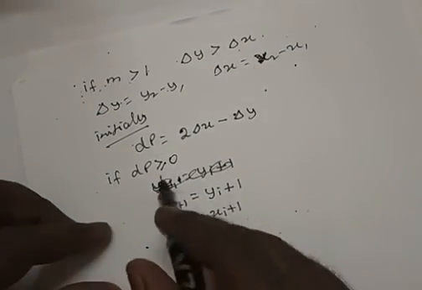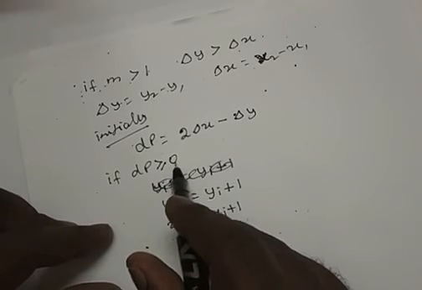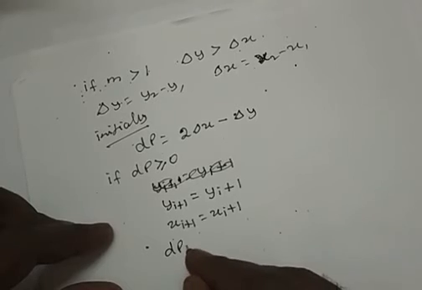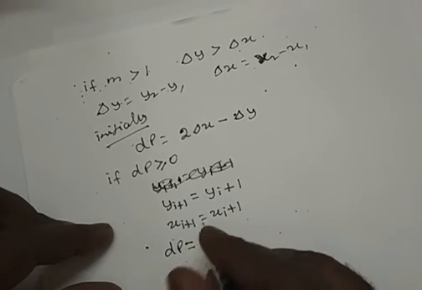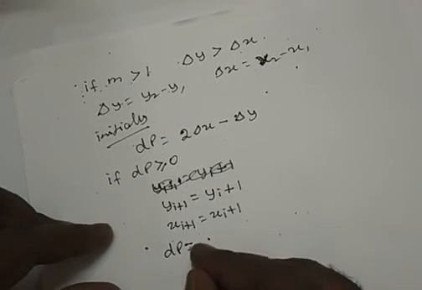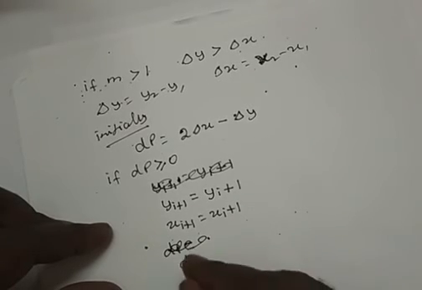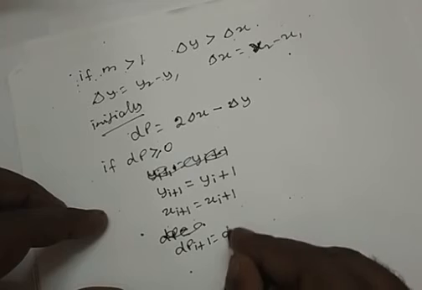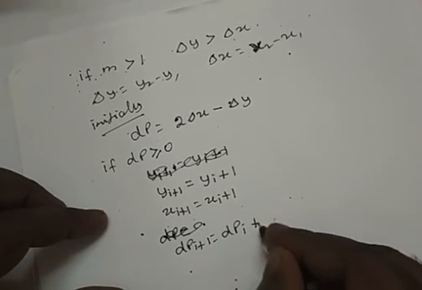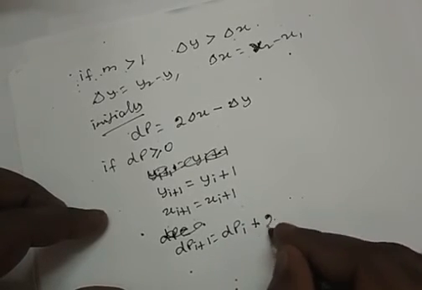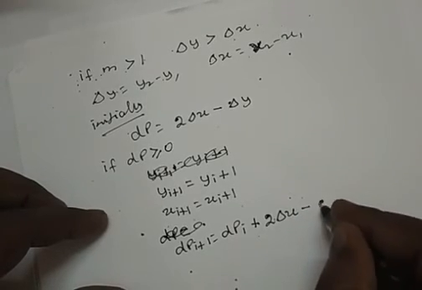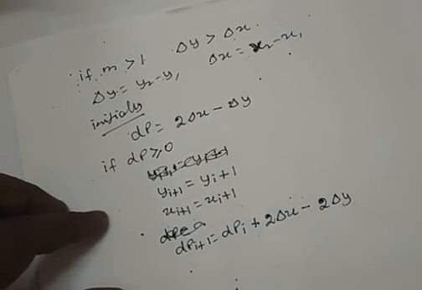And to compute the decision parameter, when the value is greater than 0, dp of i plus 1, the next decision parameter, is dp of i plus 2 delta x minus 2 delta y.